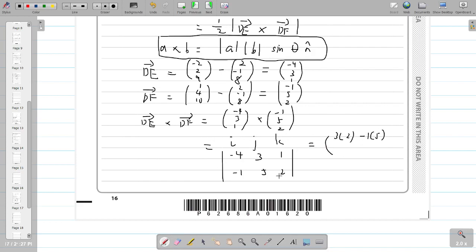And then negative of negative 8 plus 1, so negative 8 plus 1, negative 1 plus 4 times 2. And then finally we have negative 4 times 5 plus 3 times 1. So this is equal to 1, 7, negative 20 plus 3, negative 17.